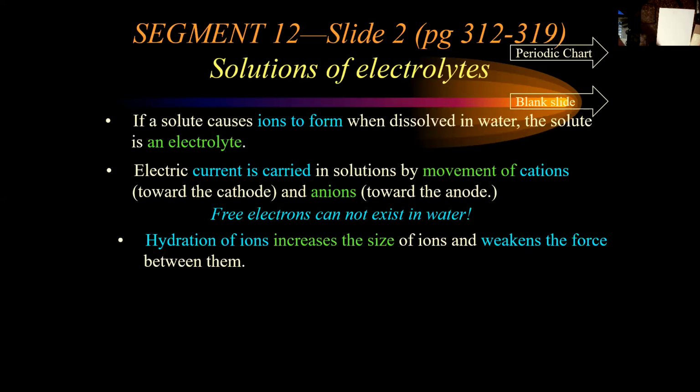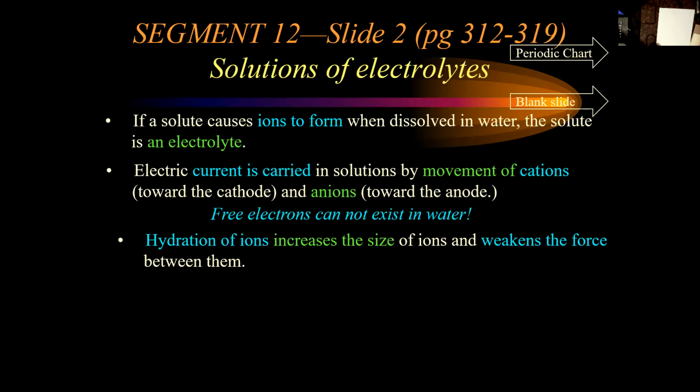If there are other ions around close by, them being hydrated also weakens the force holding the ions together. So if I've got a Na+ and a Cl-, the way it dissolves is the water comes in around the corner of the crystal where maybe there's a sodium ion sitting.